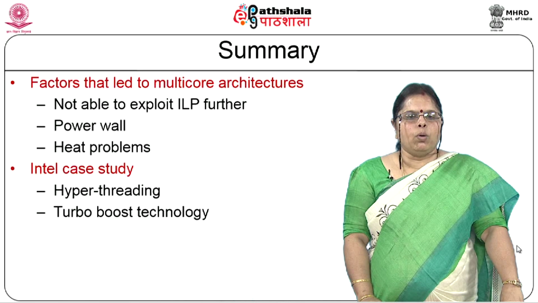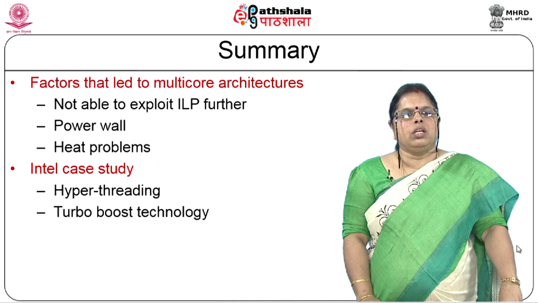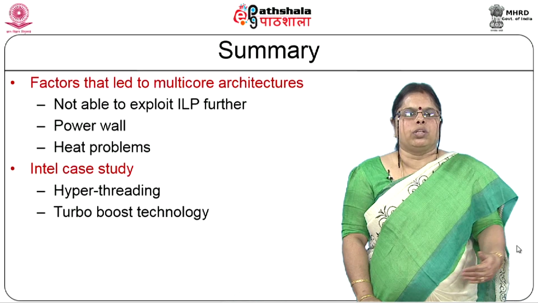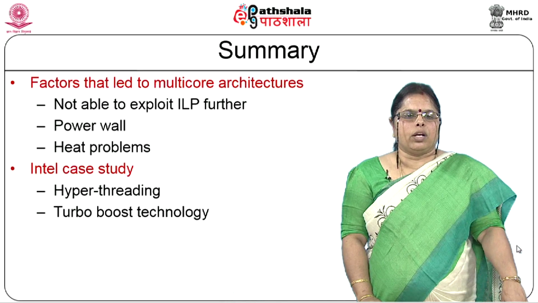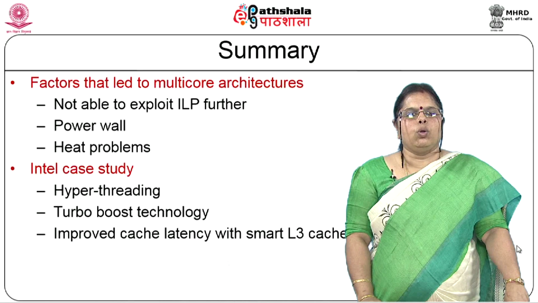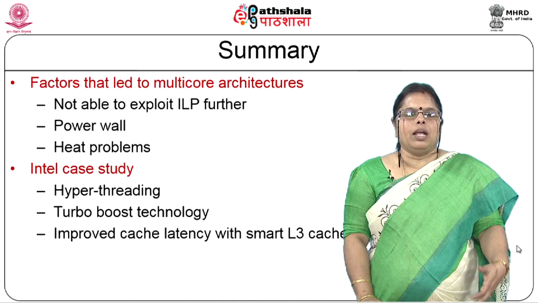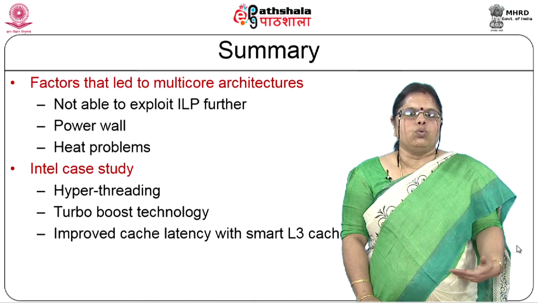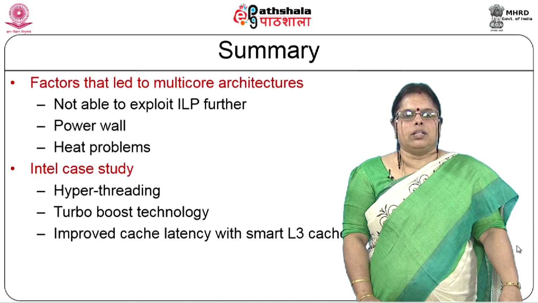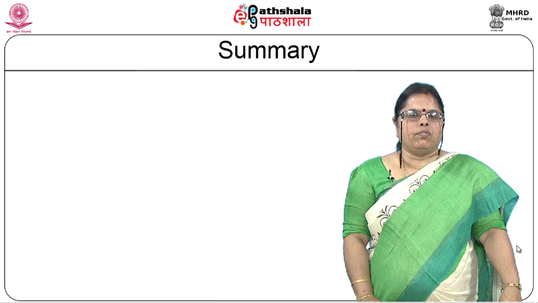You look at the turbo boost technology, where in the case of lightly threaded applications, you can boost the operating frequency of a few threads so that those threads execute faster. You look at an improved cache latency with a smart L3 cache, which is an inclusive cache, and because it is an inclusive cache, you avoid the unnecessary cache snoops that would have to be performed.